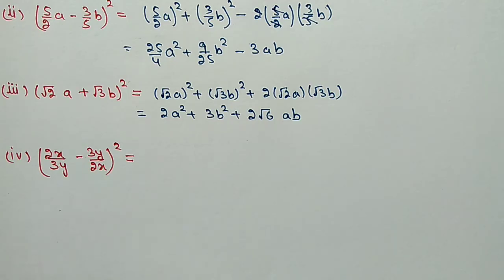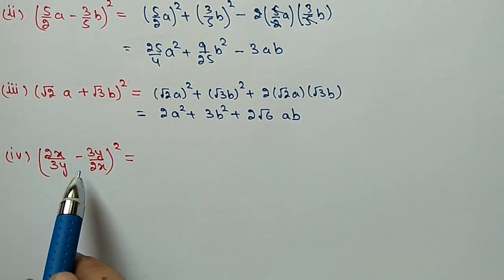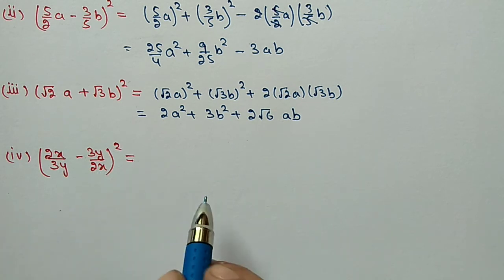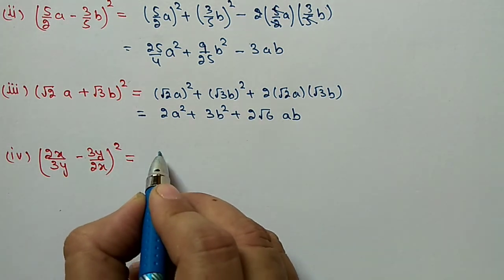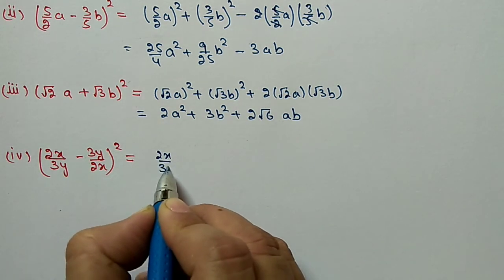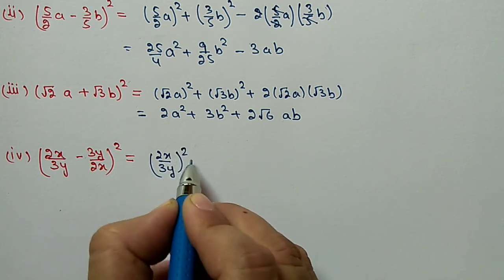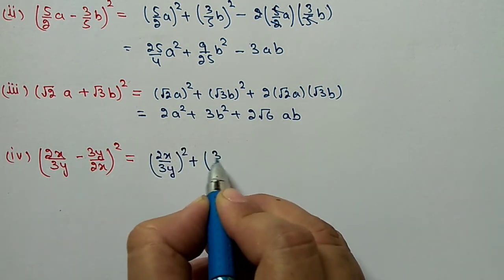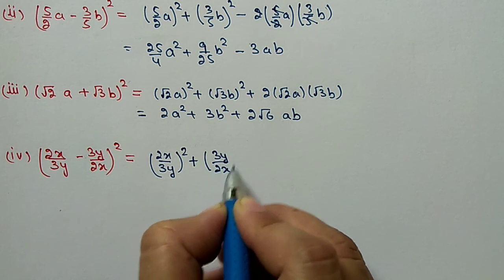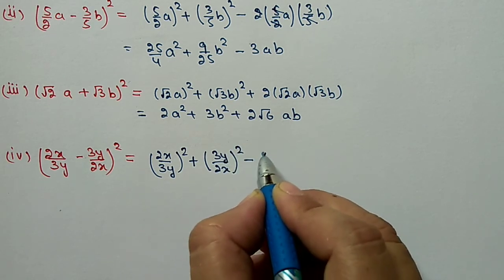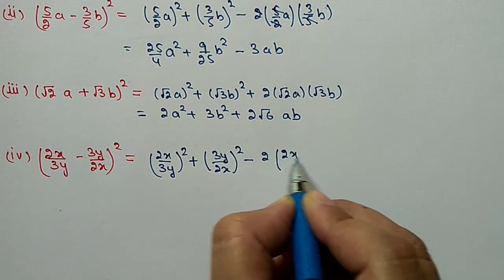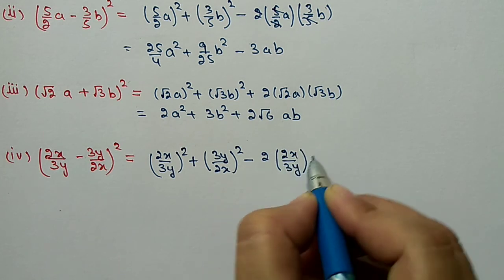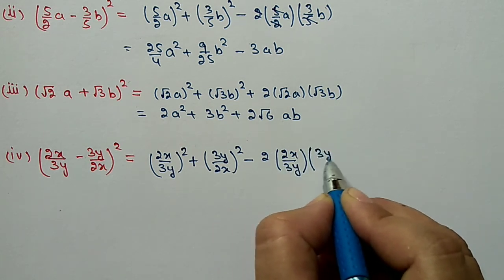Next fourth part, (2x by 3y minus 3y by 2x) whole square, minus symbol, it means the a minus b whole square formula we have to use here. So a square means (2x by 3y) whole square plus b square means (3y by 2x) whole square minus 2, a is 2x by 3y and b is 3y by 2x.